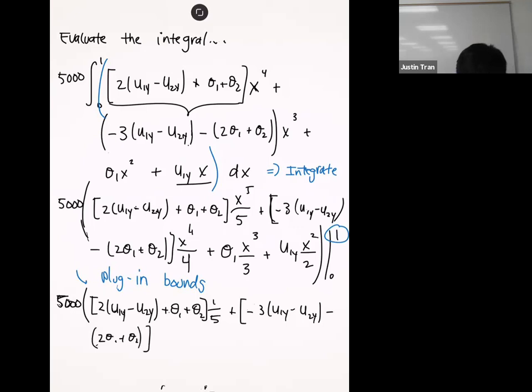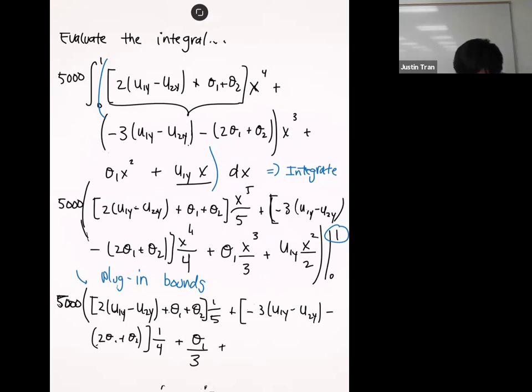This is going to be multiplied by x to the 4th over 4, evaluated at x equal to 1, so this is going to be 1/4. Then we have theta 1 x cubed over 3, which we evaluate at x equal to 1, and so we just end up with theta 1 over 3.